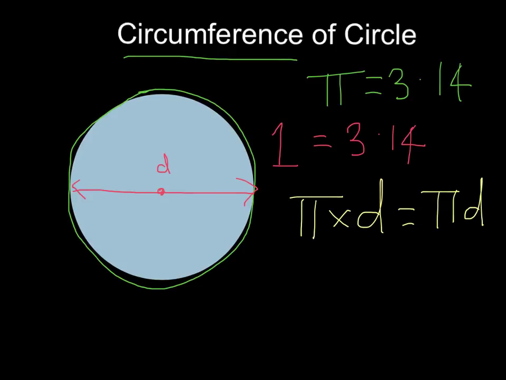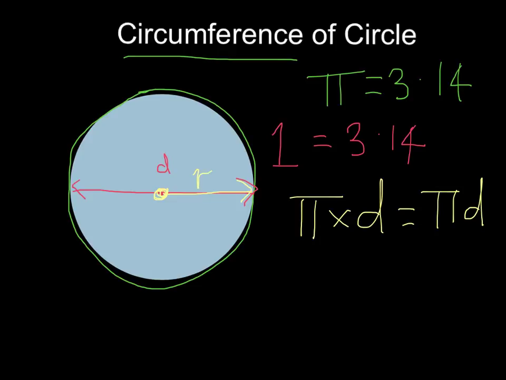We are sometimes given another value to assist us in our calculation: the distance from the center of the circle to any edge. That's half the diameter, and we call that the radius.